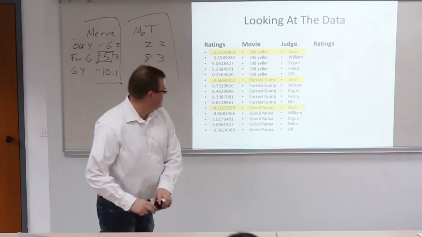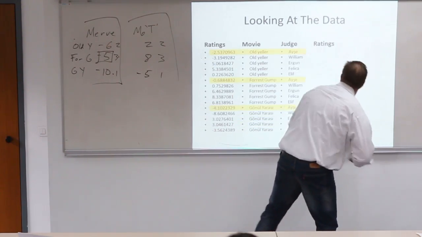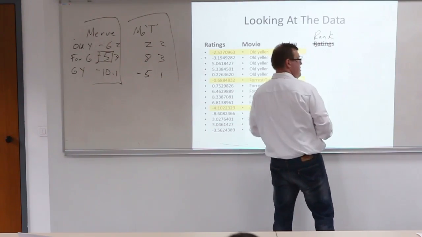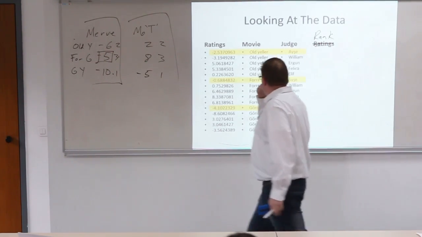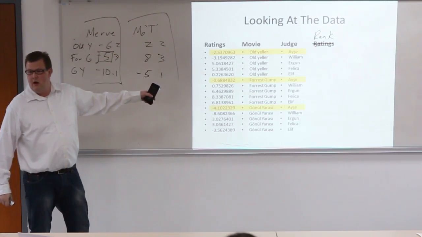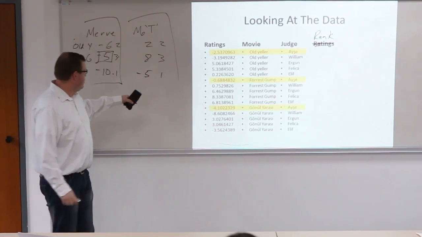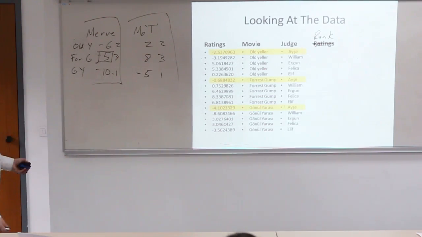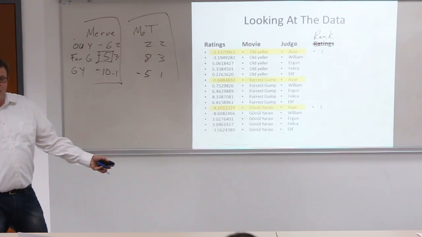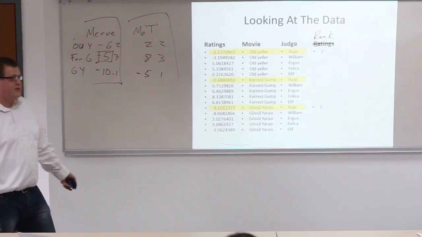Yeah, so this should be rank. So what we want to do now is just look at Ayşe and see how Ayşe rated the 3 movies. Which one gets a 1? The -4, the bottom one does. Which one gets a 2? -2. And Forrest Gump is what's left over, 3.